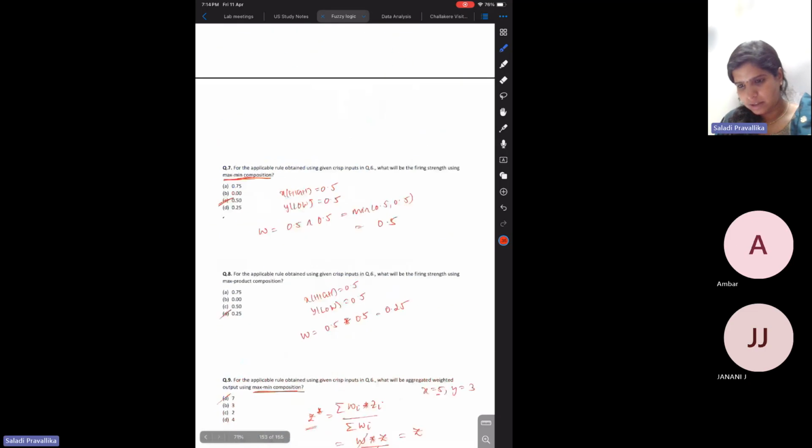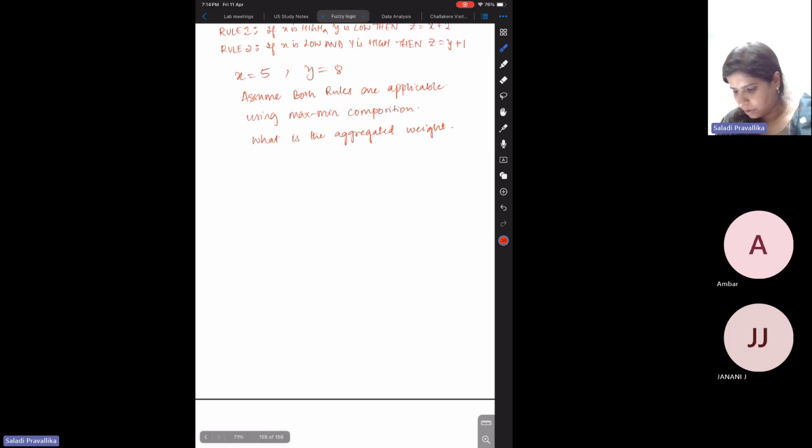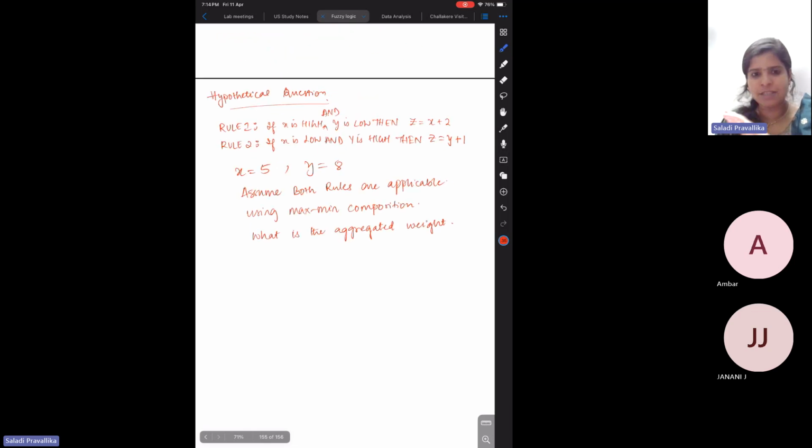No, I'm just saying, just assume that this rule applies. Okay, just assume. Assume that it applies. And for the weights, let us take some assumption of the weights also.